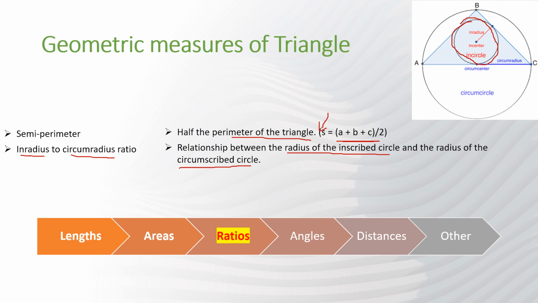The other way to put it: the sides are tangent to the inside circle, the inscribed circle. And there's another circle, which we call the circumscribed circle, which is outside but passes through all three vertices. And the ratio of these radii is also many times important.